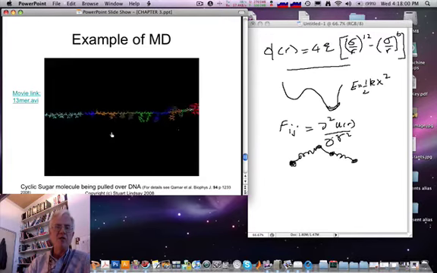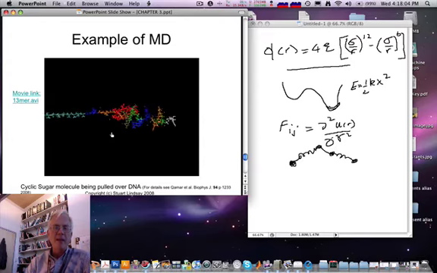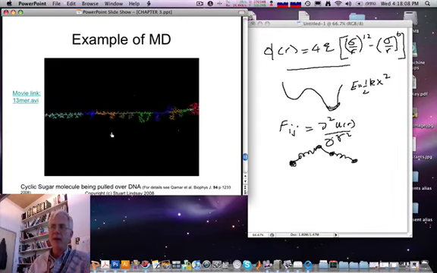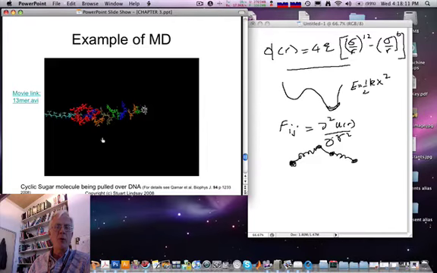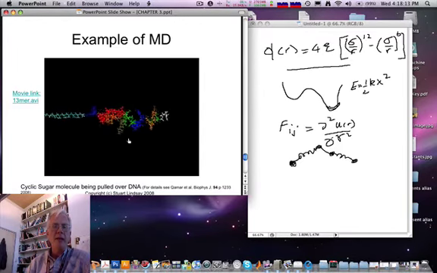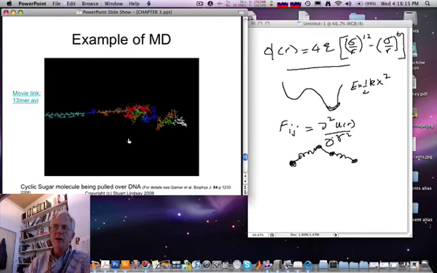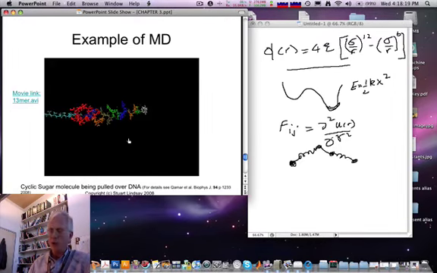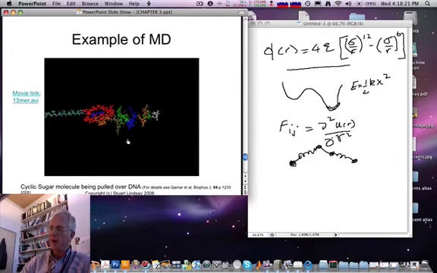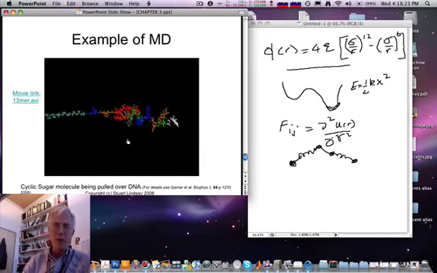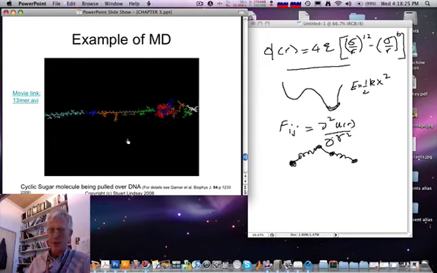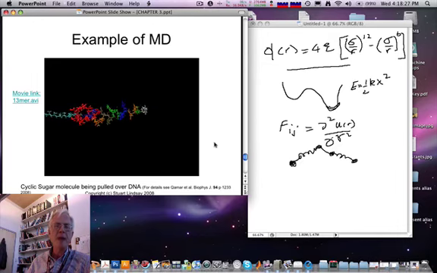It's a piece of single-stranded DNA tethered to a surface, and the red ring is a cyclic sugar molecule that is actually pulled over the DNA by an atomic force microscope probe, and we used molecular dynamics simulations to try to answer the question, could we tell which base was sliding through the sugar ring by the forces that were generated? We also actually built this system with a lot of chemistry, but that's another story.